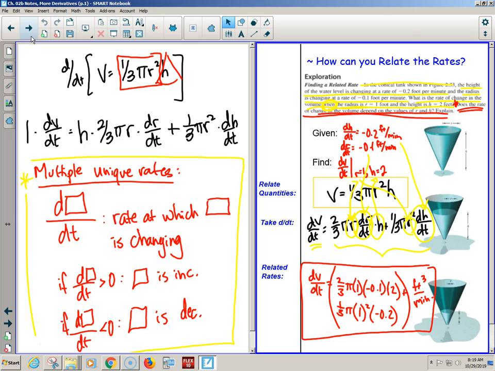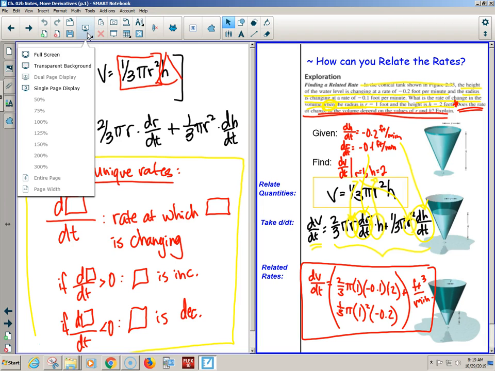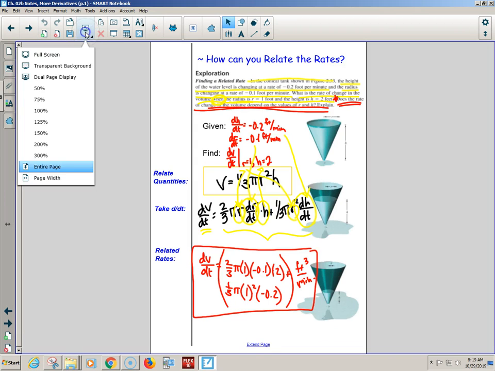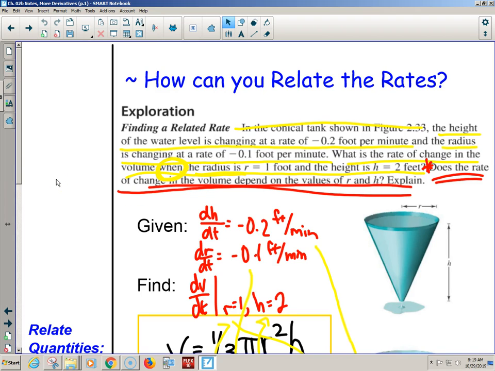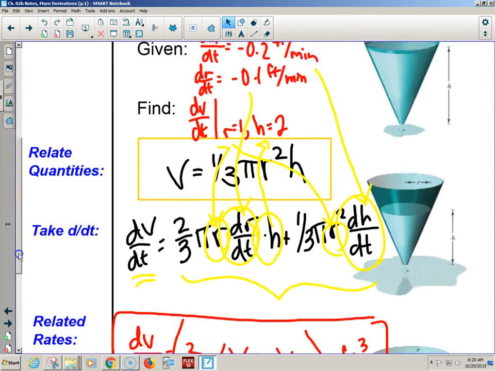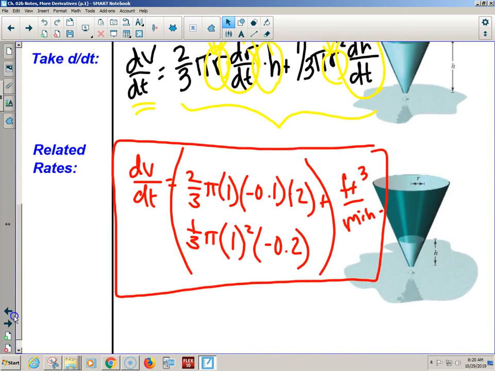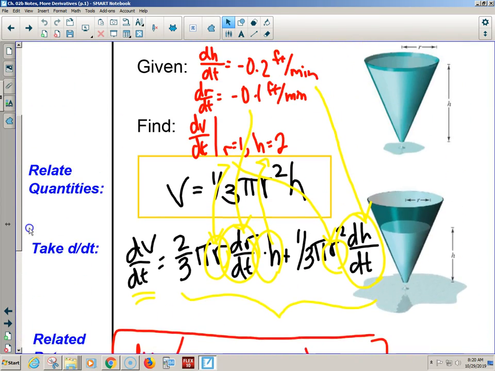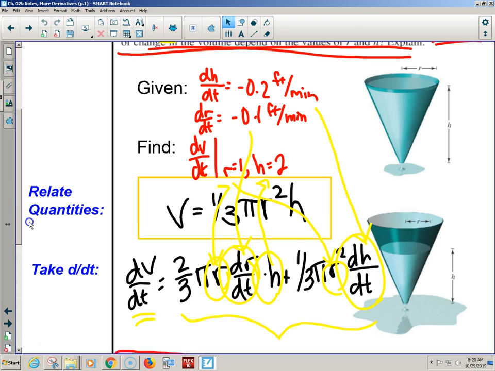So when we were doing this example yesterday, did you guys notice, even though I was talking about all the quantities increasing in the first example, did you see how dH dt was a negative number? Did you see how dR dt was a negative number? And we didn't plug this into our calculator, but what would happen if we did after plugging and chugging? Wait, we were able to plug in for all of that? Yeah.